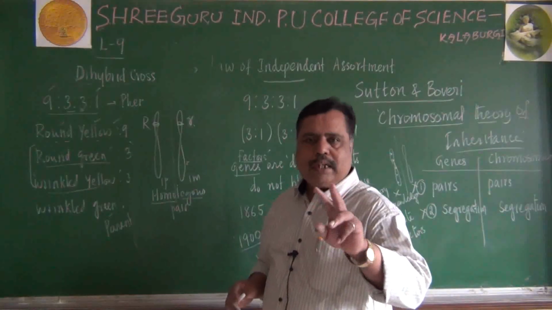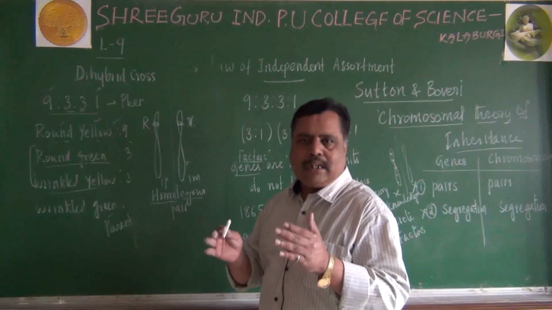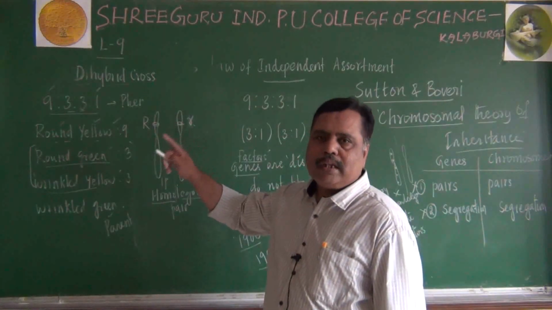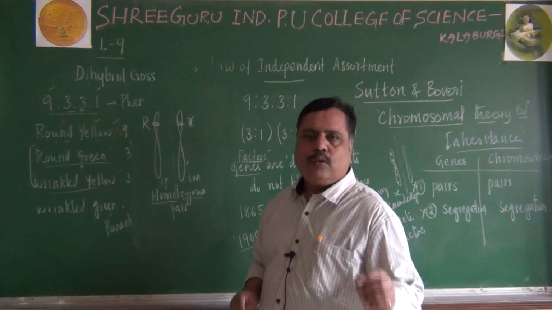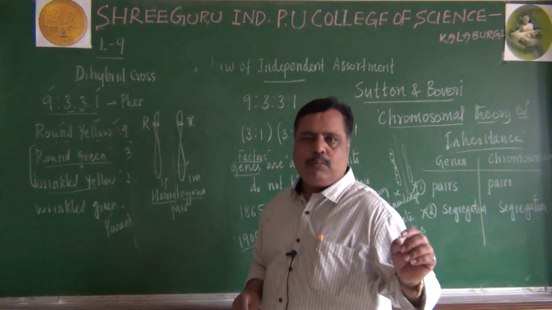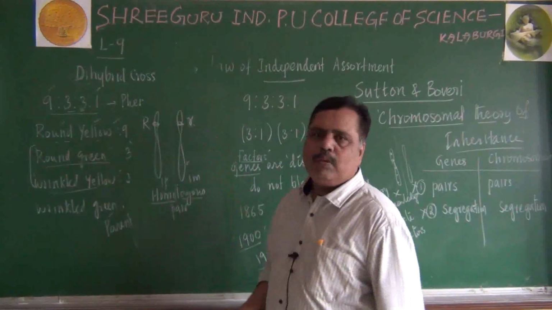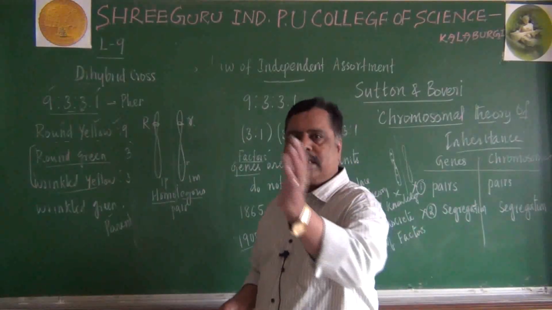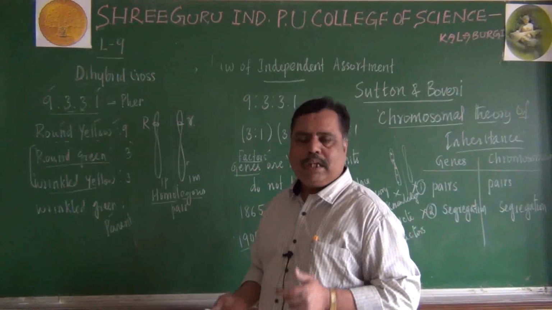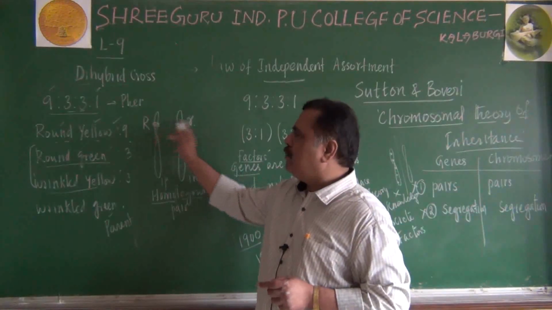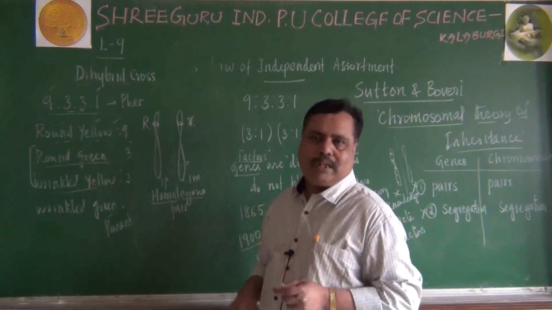That is why they are parallel, and that is the chromosomal theory of inheritance. So far Mendel spoke about alleles or factors, but Sutton and Boveri correlated that factor with the chromosome, because the behavior of chromosomes and the behavior of alleles are both similar.